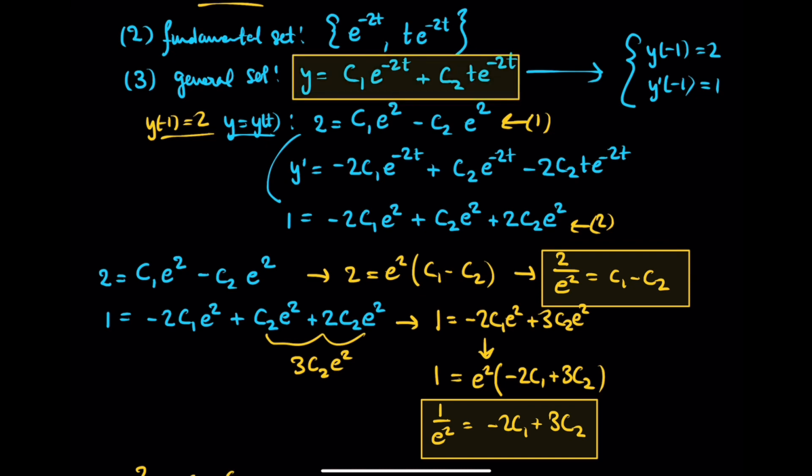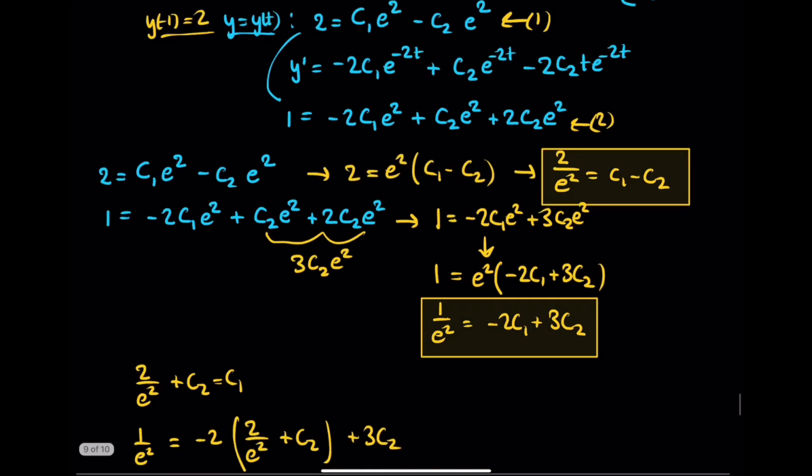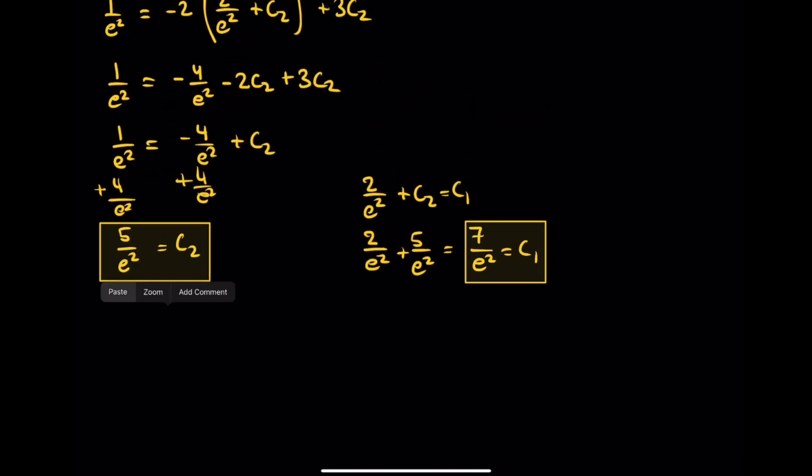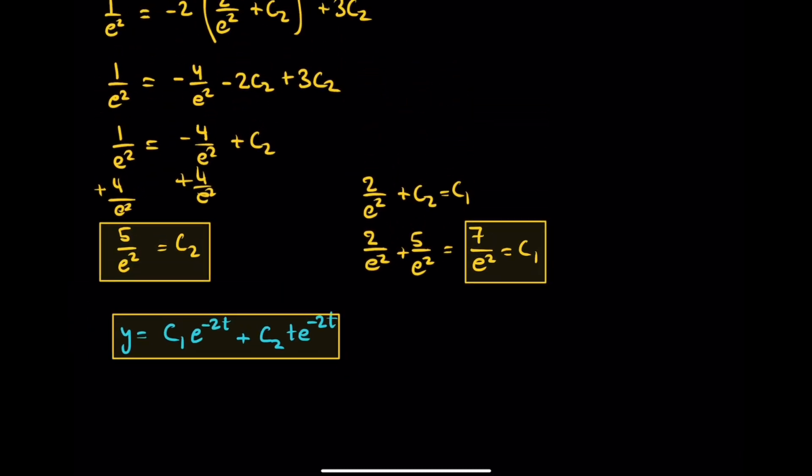But anyways, so this is a general solution like so, and we're just going to plug in the values of c1 and c2 to give us the particular solution. So this is the general solution again.